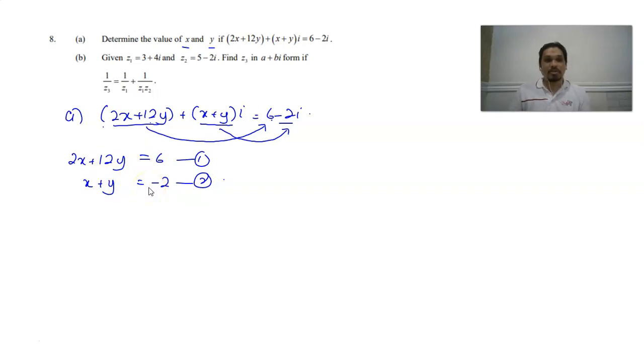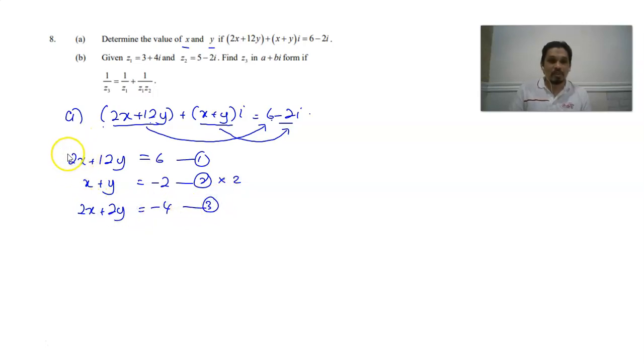You can choose substitution method or elimination method. If elimination method, I do suggest to all of you, we multiply equation 2 with 2. So then we come up with 2x plus 2y equals negative 4.